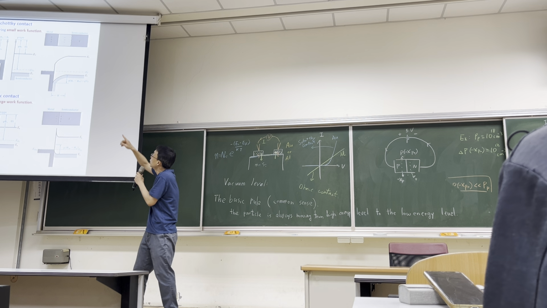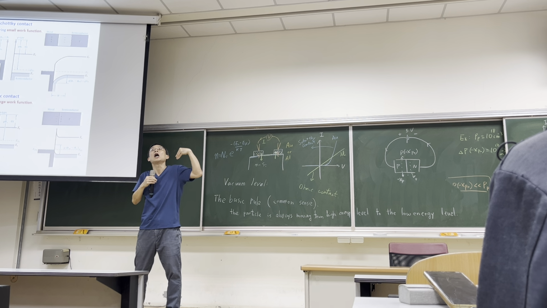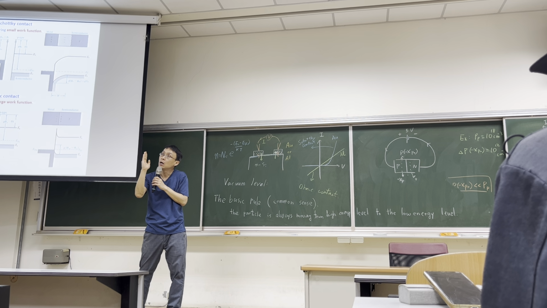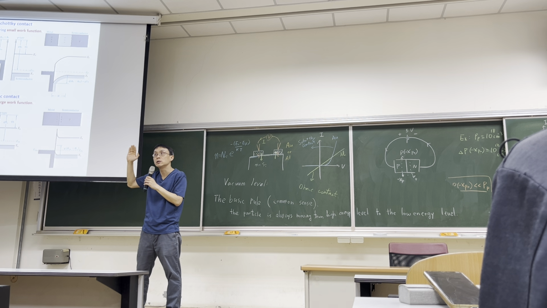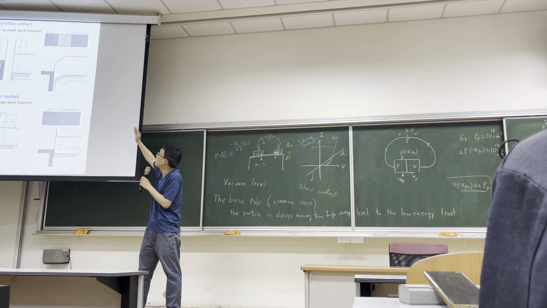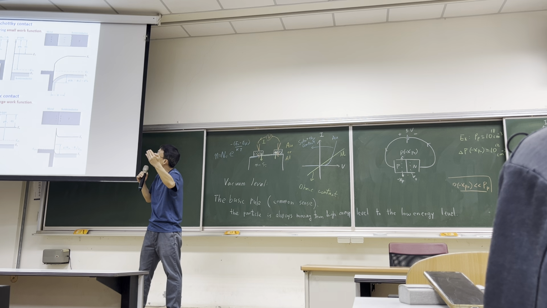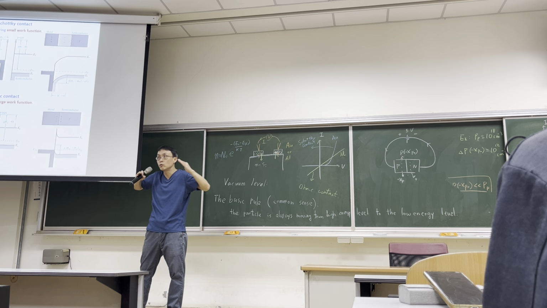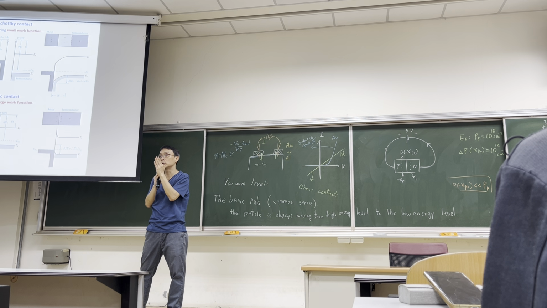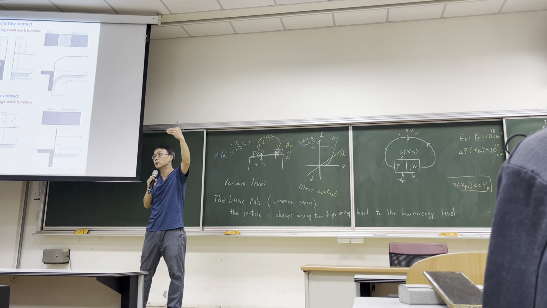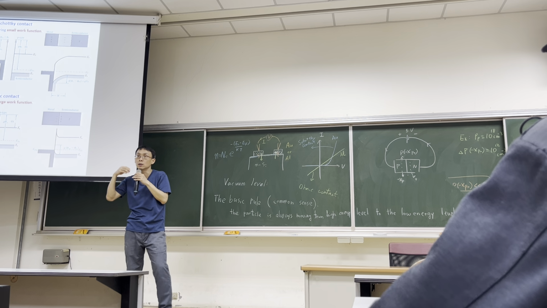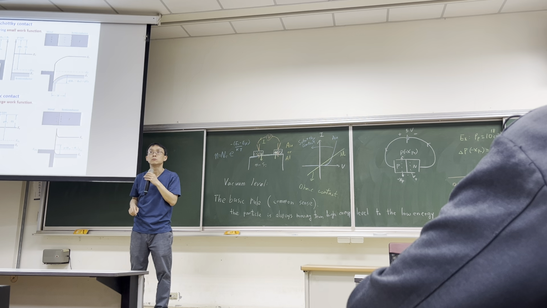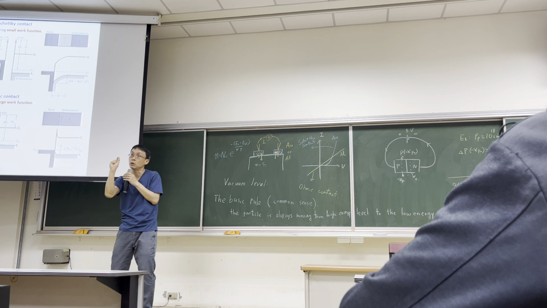So in that case, you have a higher electron concentration at the interface, and low electron concentration in the bulk region. Why? Because the Fermi level of the metal is higher than the Fermi level in the semiconductor. So when you move them together, electrons go from the metal side to the semiconductor side, making the concentration go up in the semiconductor interface.